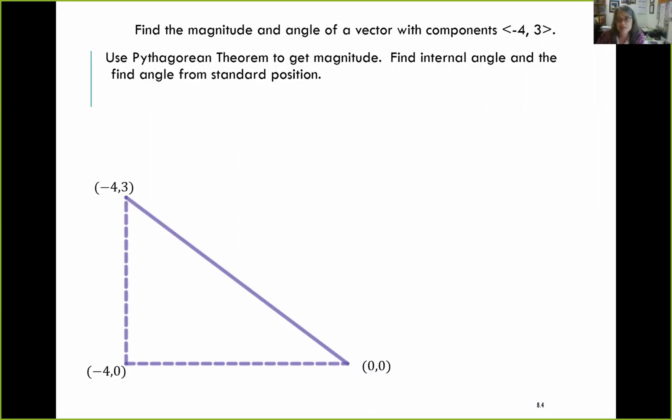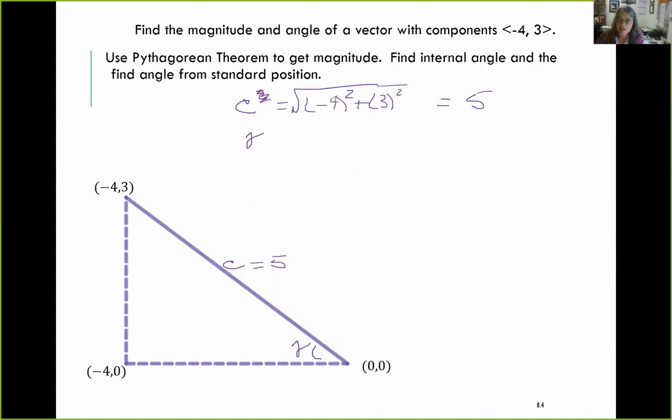We can use the Pythagorean Theorem to find this c. The c, this distance here, is the magnitude. So c squared equals -4 squared plus 3 squared. 16 plus 9 is 25. So c equals 5. So my magnitude is 5. From here, I can find my angle relatively simply. I called it gamma. Alpha would be better.